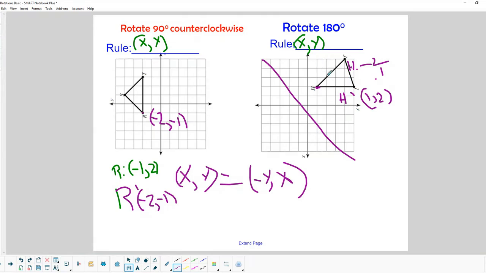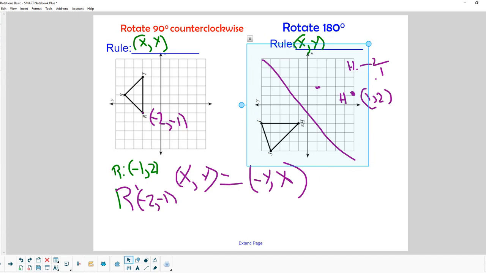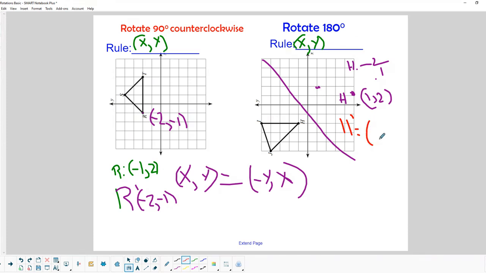Now when we rotate it 90, 180, and we look at h again, our new h value is h prime, which we evaluate to be negative 1, negative 2.